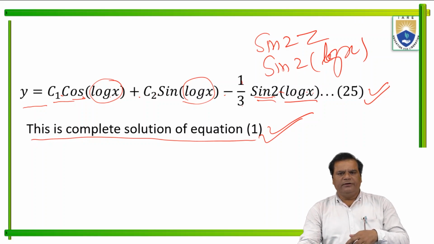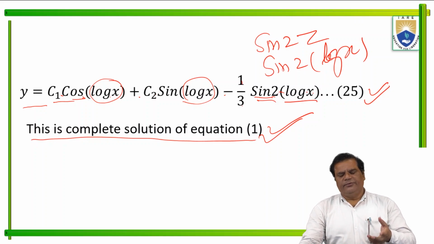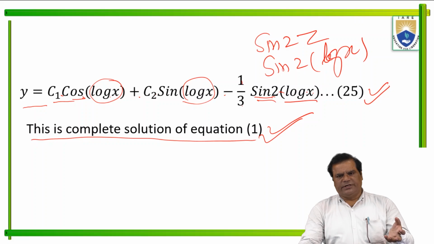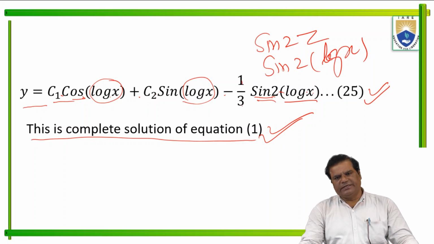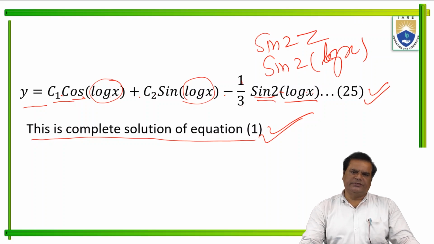Then at last, after putting the value of z, we get the solution of the given question in independent variable x. This is the basic concept to find the solution of a Cauchy Euler homogeneous linear differential equation.